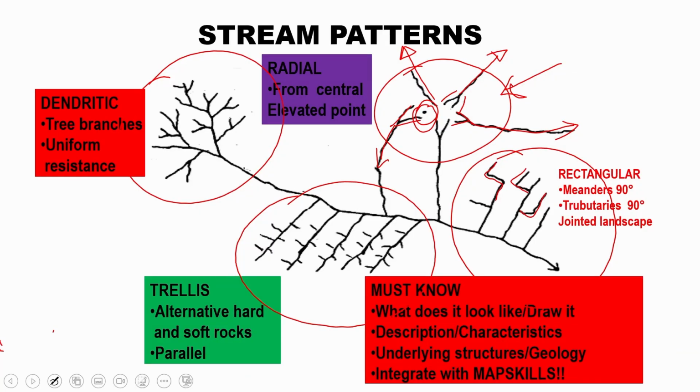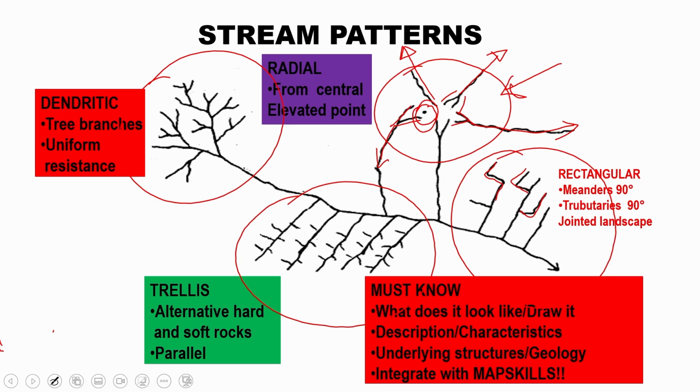Number two, you must be able to describe what you see. I'm not looking for a genius here. I'm looking for someone who can look at the pattern and describe what he sees. For example, with the dendritic pattern, it is shaped like a tree, or it is shaped like branches of a tree. So you are able to describe what you see.